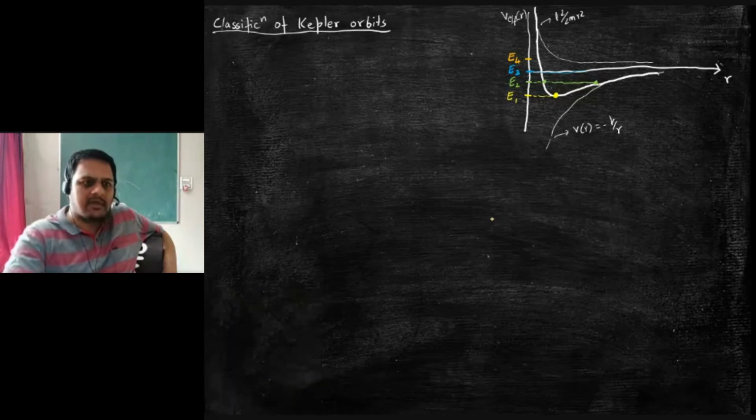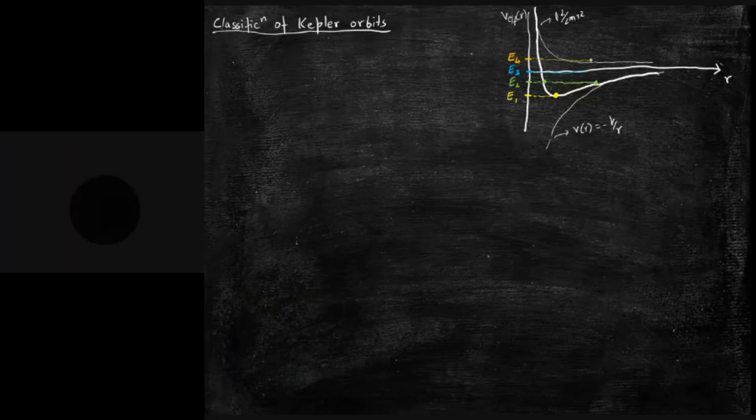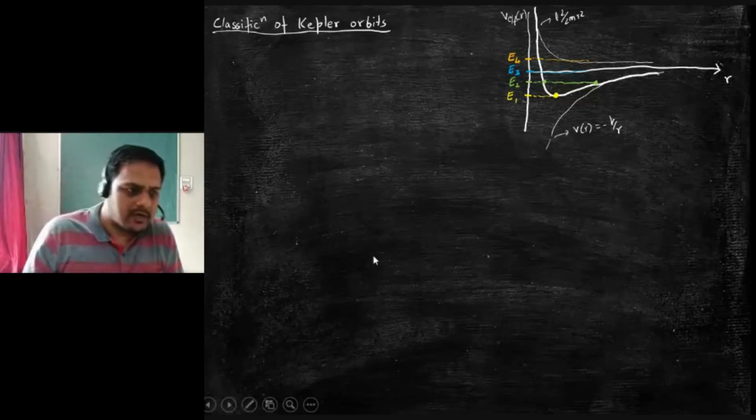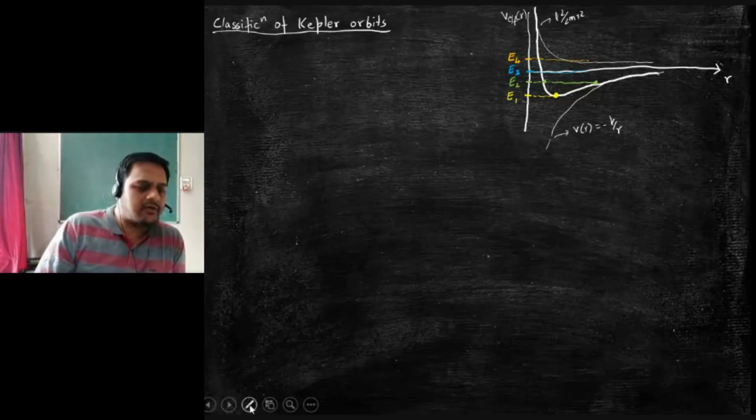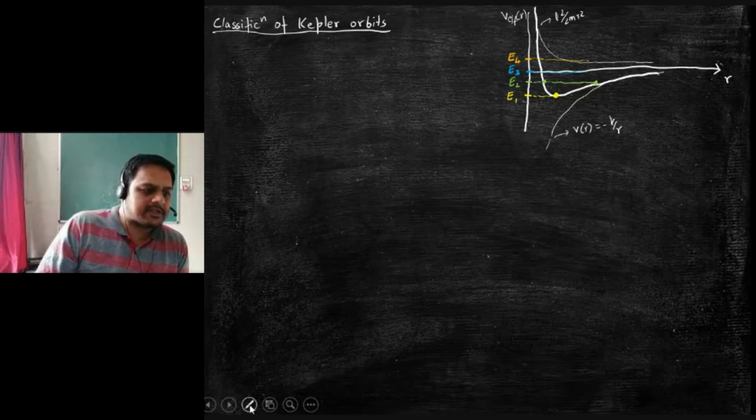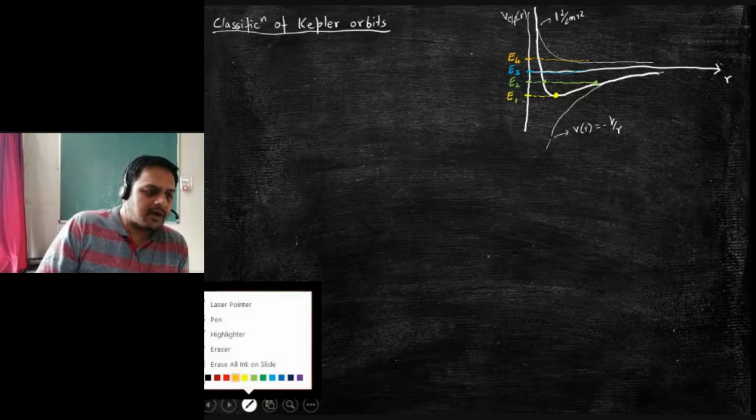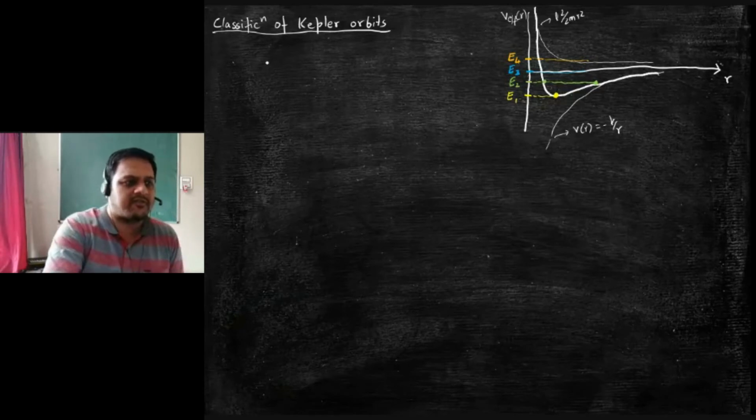Correct? Everyone agrees with this? Yes, sir. Very good. Now, let us try to understand the nature of Kepler's orbits from what we have already got for the eccentricity. What is the expression we got for eccentricity?